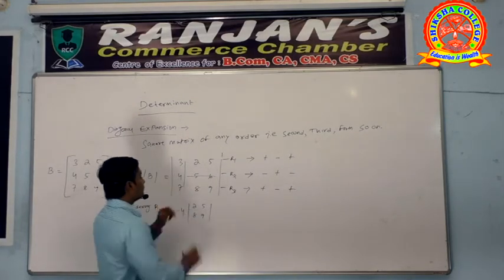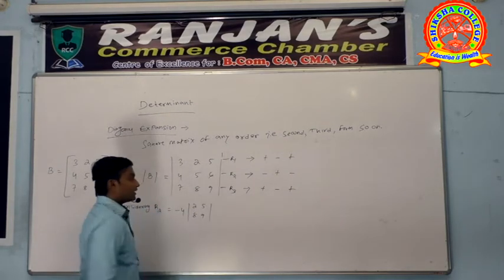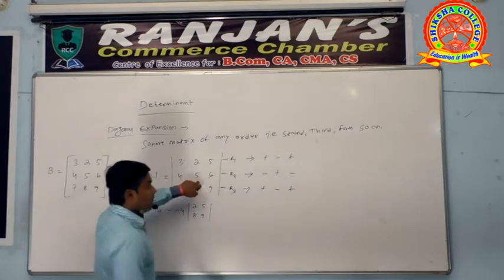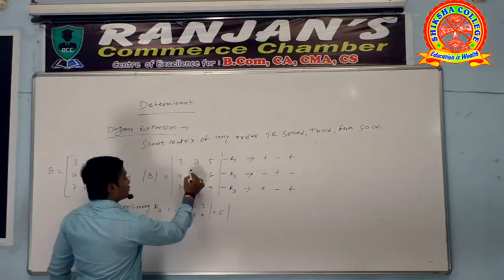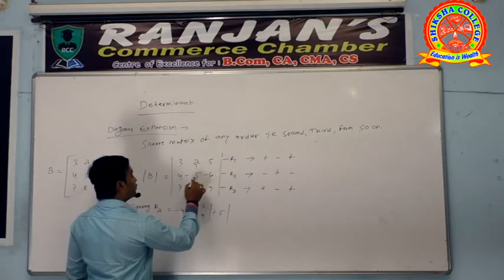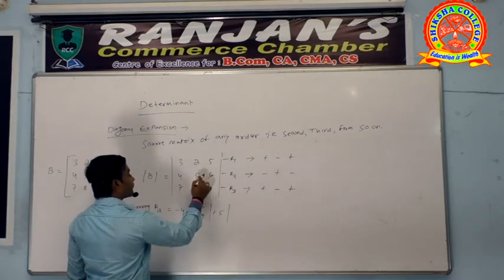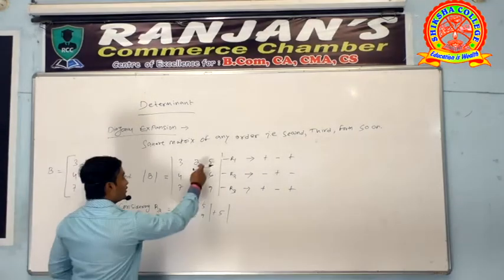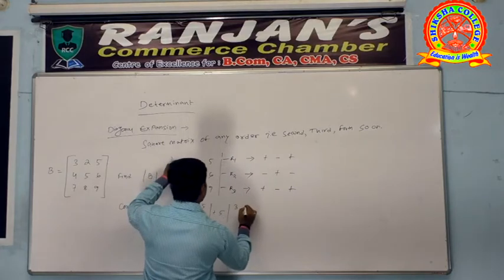Clear? Then next 5. So the sign is plus 5. So the value considering these two row and column, so 5 consisting this column and this row.